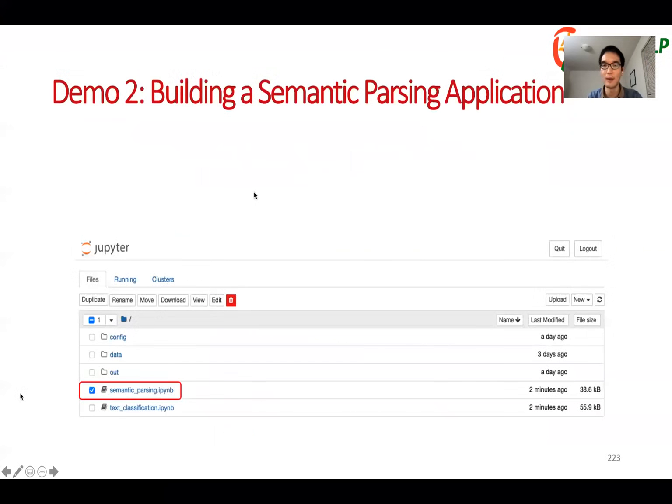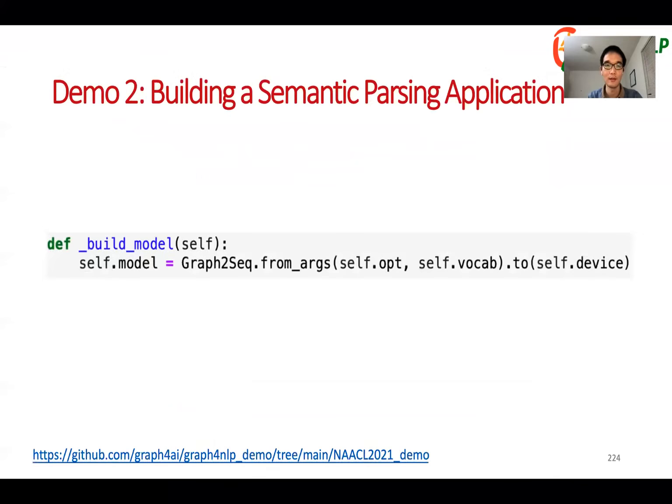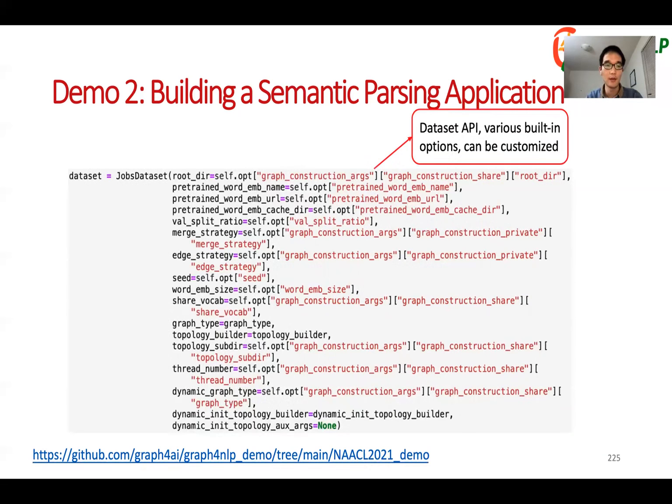So let's go back to the slides. For this demo, we can directly call the graph-to-sequence model API provided by the library to build the graph-to-sequence model. Here we call the Jobs dataset API. Jobs is the dataset we are using in this semantic parsing application. And again, there are various building options in this dataset API.